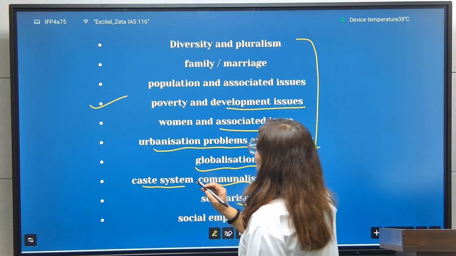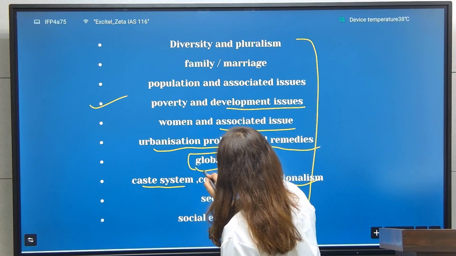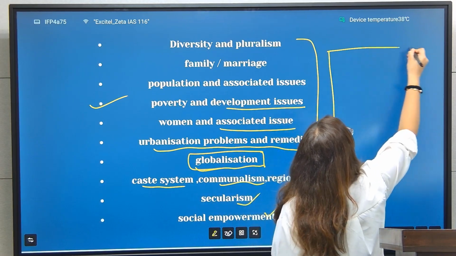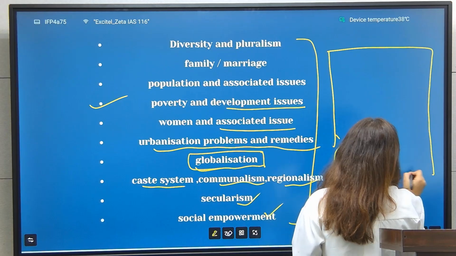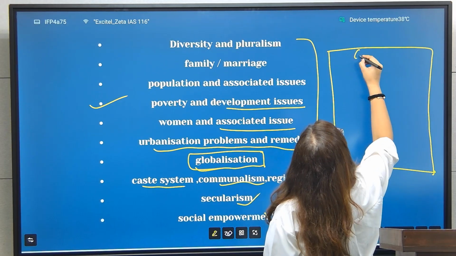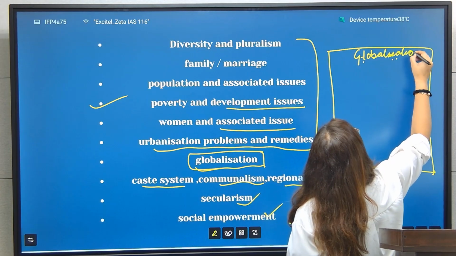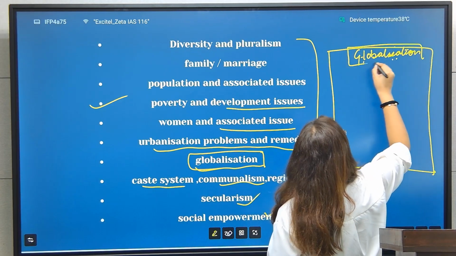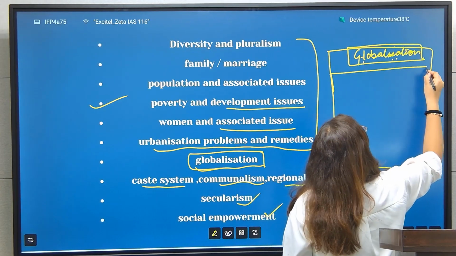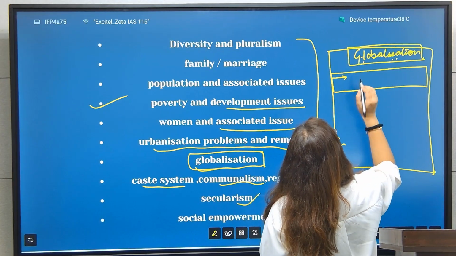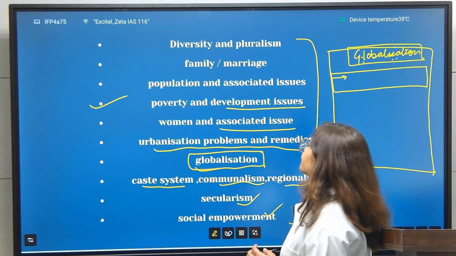Suppose you are making notes on globalization. So suppose this is your first page and you are making notes on globalization. First, write the PYQs that have been asked by UPSC on globalization.